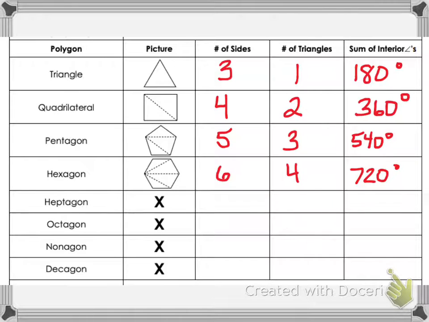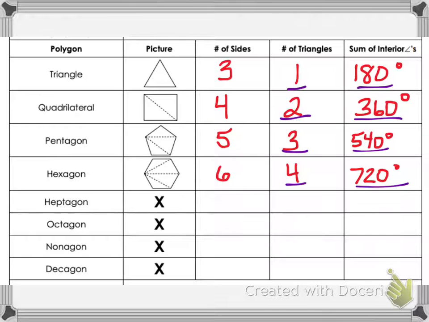Now before we go on, let's see if we can think of a pattern with this. Look at the number of triangles compared to the degree measure. If there's 2, there's 360. 3 is 540, 4 is 720.